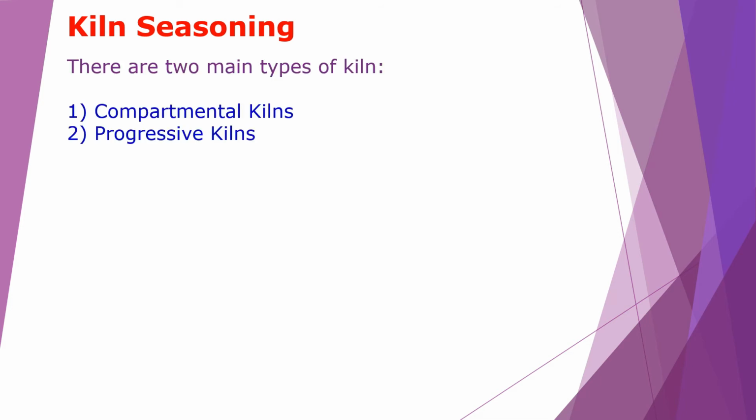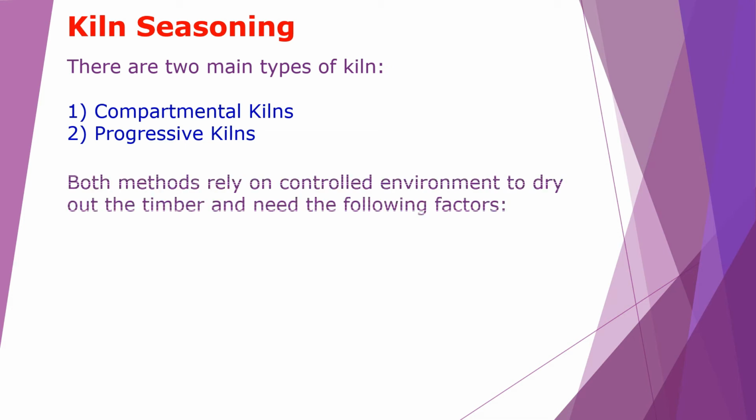Well, in this slide, we'll be talking about seasoning using kiln, or the kiln seasoning method. There are two different types of kiln seasoning methods. The first one is compartmental kilns, and the second one is progressive kilns.